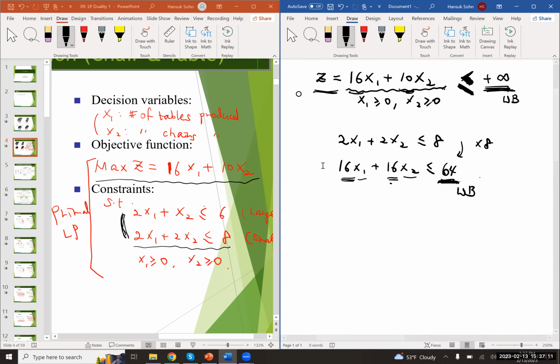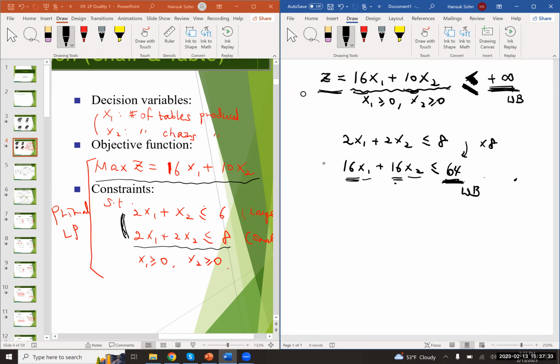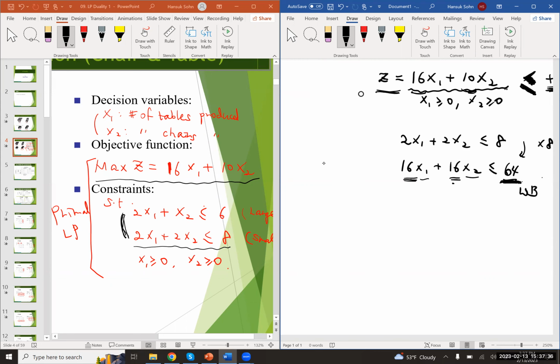And of course, that's because this is greater than or equal to our current objective function value, which is g, right?